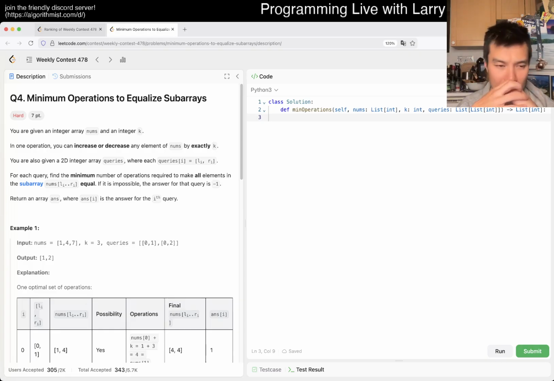No, it's the median, right? So then now, no, it's definitely the median, right? So how do you get a median of a range? I don't remember anymore.